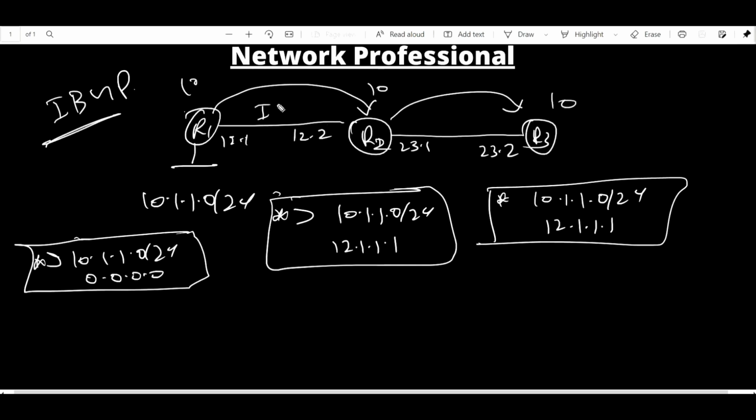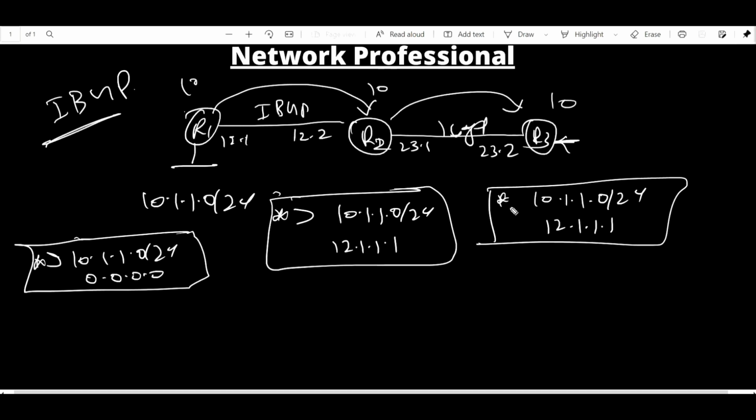That means I am configuring iBGP, right? So router will never modify next hop, but next hop 12.1.1.1 is not reachable from R3, right? That means this is a valid route but not the best route, because the greater sign is missing over here, right?